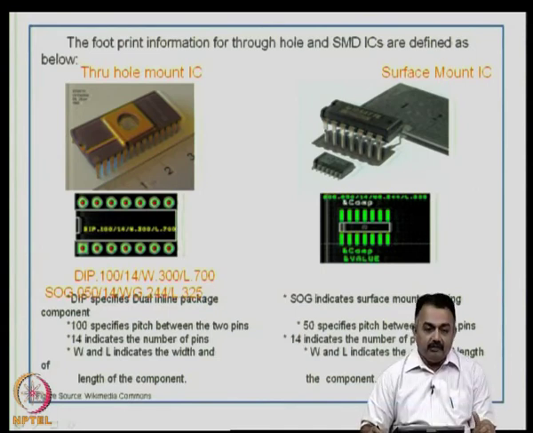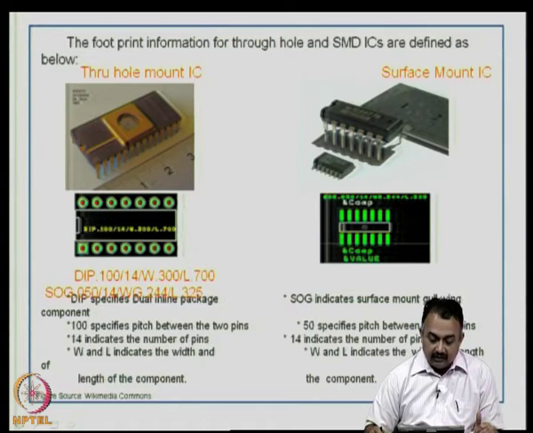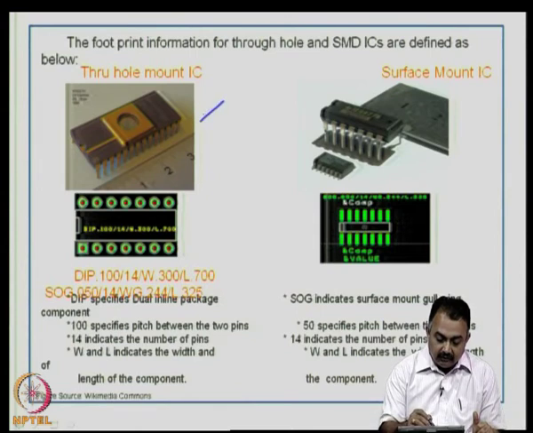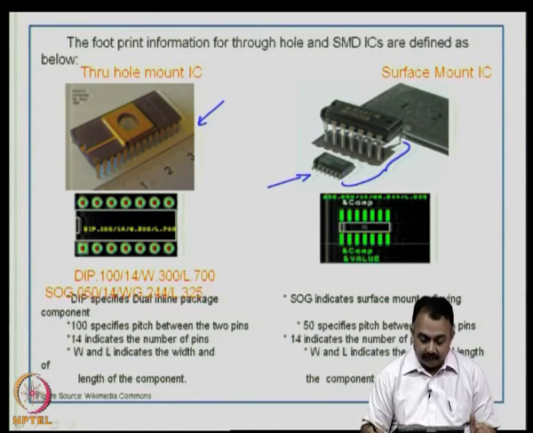The footprint information for through hole and surface mount device integrated circuits or active devices is seen here. This is a picture of a through hole mountable integrated circuit, and here you can see a comparison between through hole and surface mount.